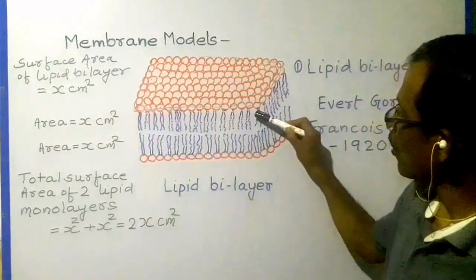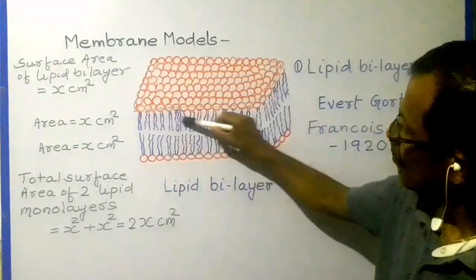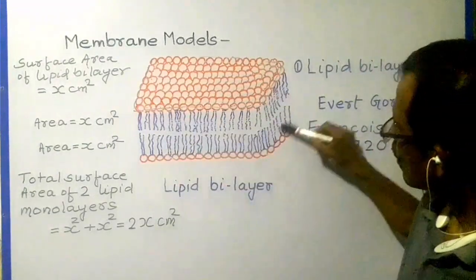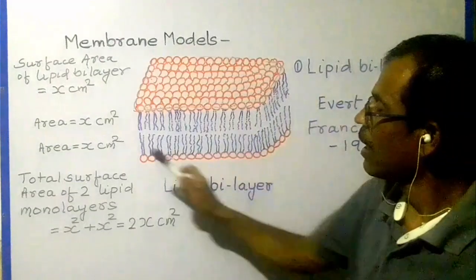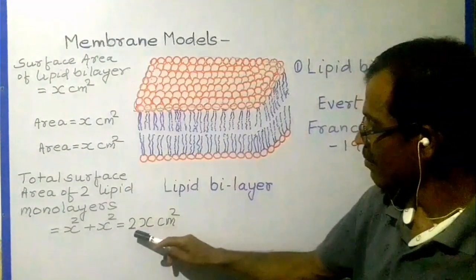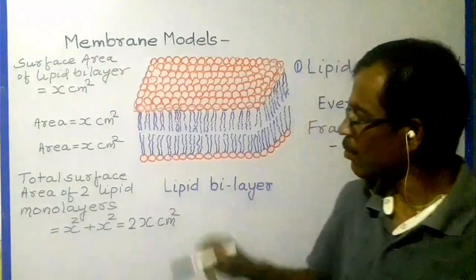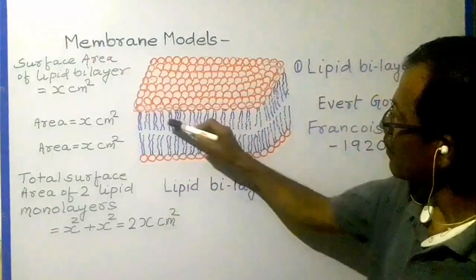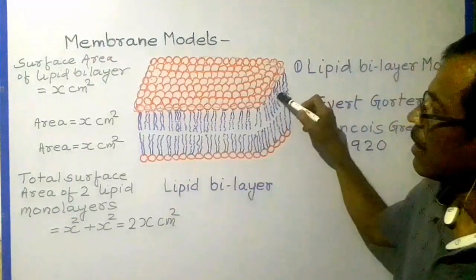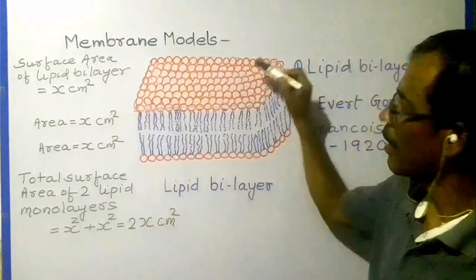Because there are two monolayers in this bilayer, the total surface area of the two lipid monolayers will be x plus x, equal to 2x centimeter square. So the total surface area of the two lipid monolayers is double the surface area of the lipid bilayer.